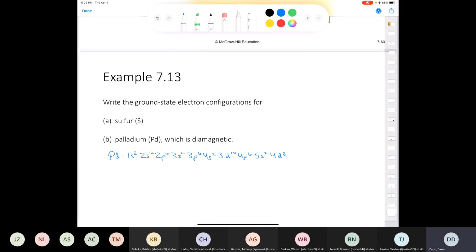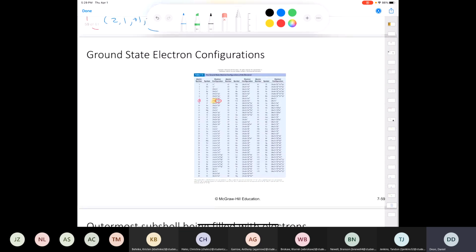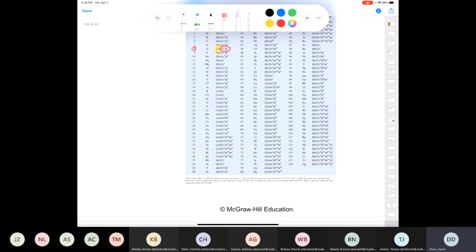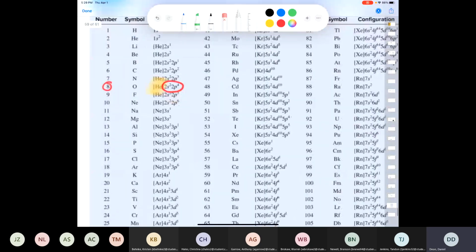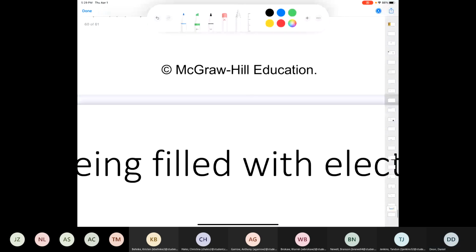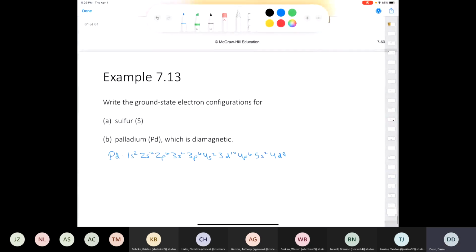Now let's go up to this table and let's find palladium, which again is element number 46. So it's up here, and they have 4d10. Let's go back here, and let me show you something. So we don't have 4d10, do we?